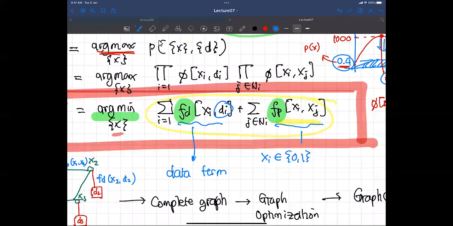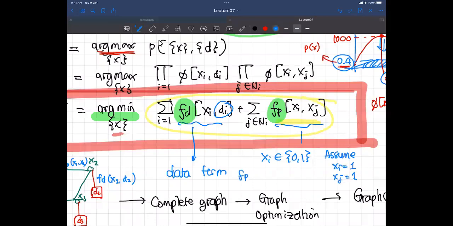Now, assume that xi equals 1. If you want to minimize this, xj must be 1. So how can we define Fp now?